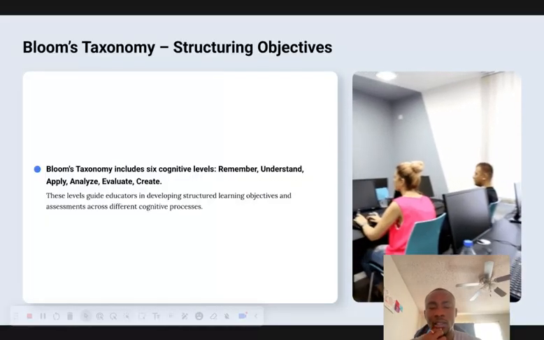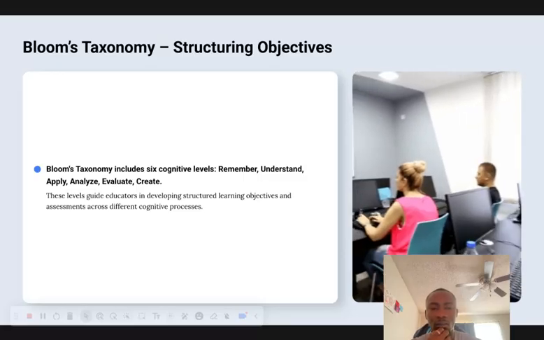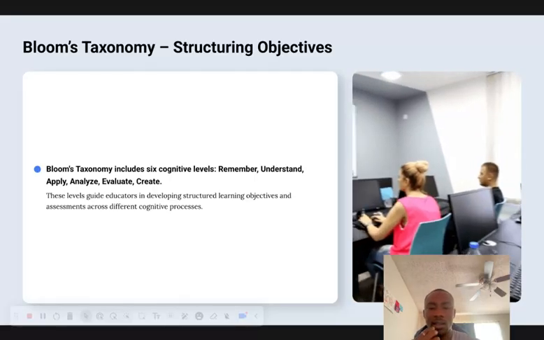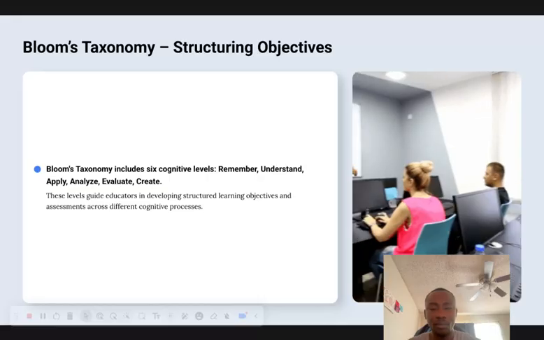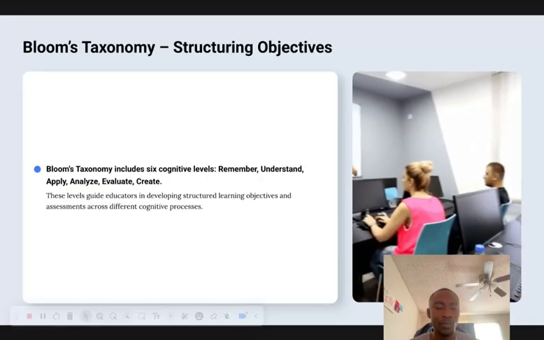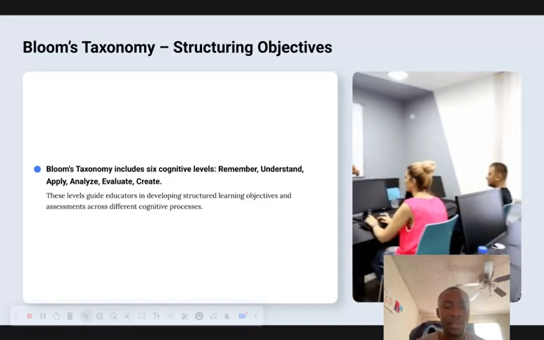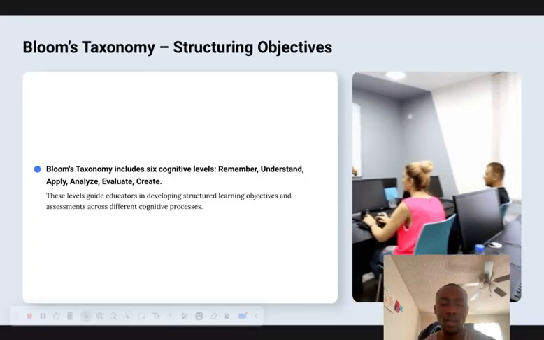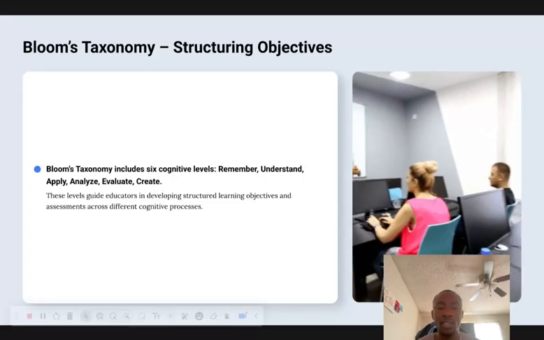Now, we want to look at Bloom's taxonomy in structuring our objectives for our backward design. Bloom's taxonomy is an educational theory formulated by Benjamin Bloom together with other educators, and they had this particular taxonomy in six cognitive levels.